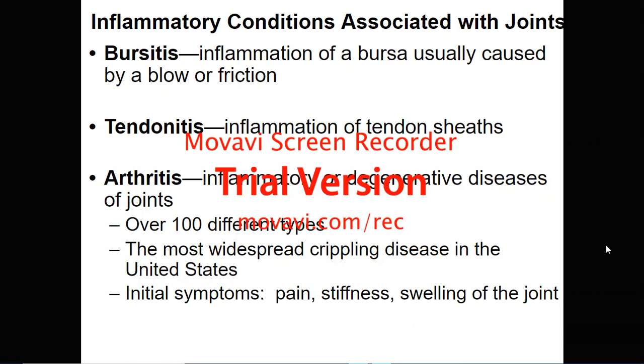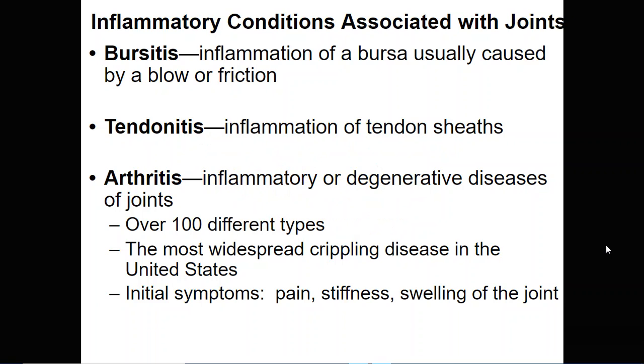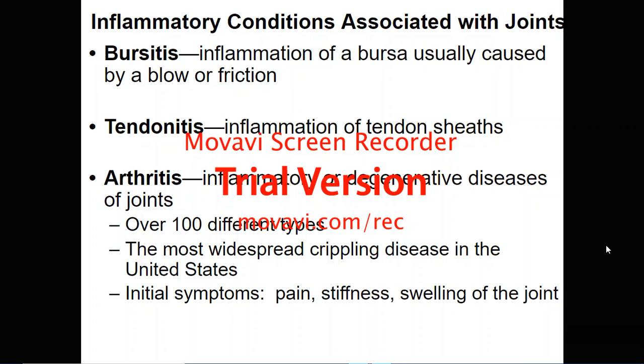All right, and that can also cause bursitis of the elbow. The way that you treat bursitis is you can inject the bursa with an anti-inflammatory drug. And if you have excess fluid, you can remove some of the fluid to relieve the pressure.